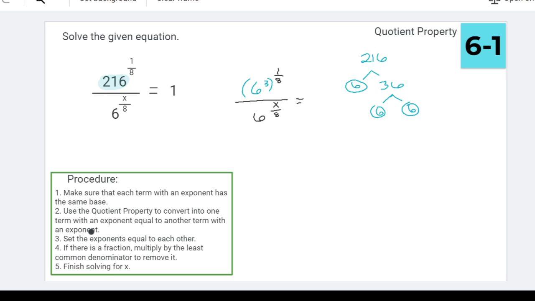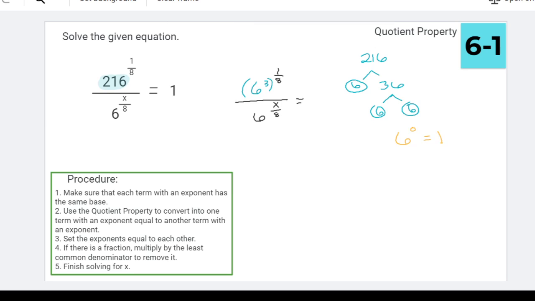Now I know a little later on that I'm going to be setting the exponents equal to each other. I can only do that if the right-hand side of my equation is also 6 raised to some power. Alright, so another property that we need to remember is that if you raise any number, including the number 6, to the 0th power, it will equal 1.